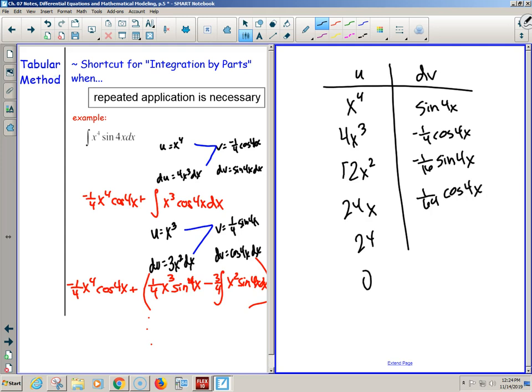And that'd be a +1/256. That's 24, right? And then that'd be a -1024, right? Powers of 4.